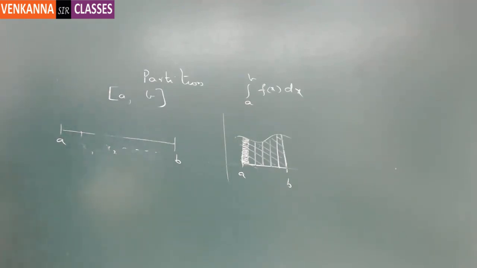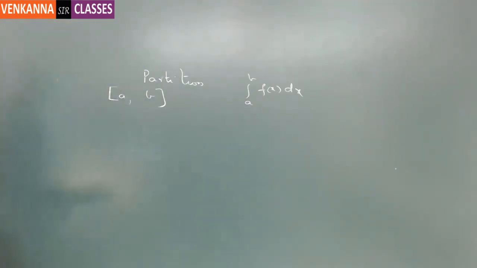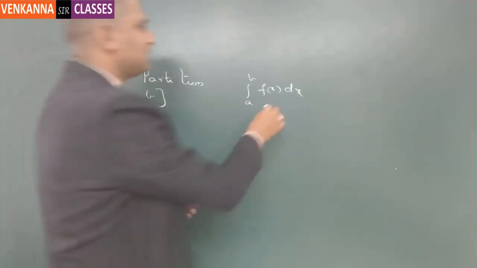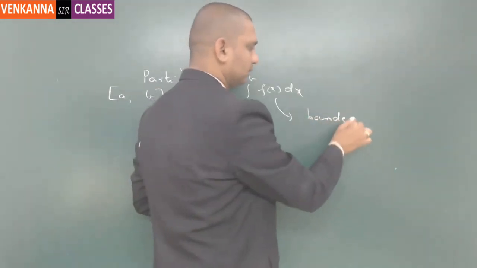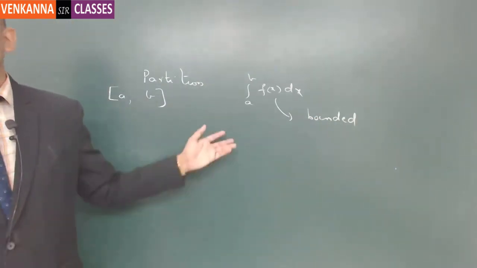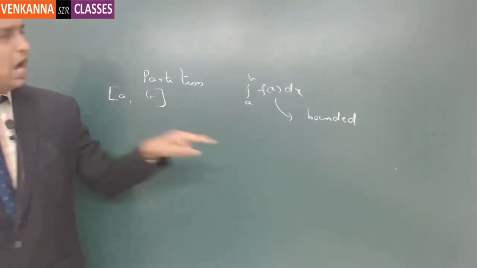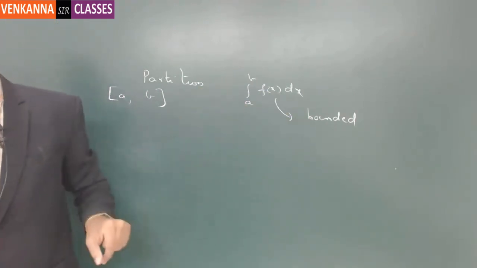Now let us go with the mathematical orientation for it. Whenever we talk about the integration concept, we always take f as a bounded function. If f takes infinite values, you cannot integrate the function. So we always talk about a bounded function and its integral value.